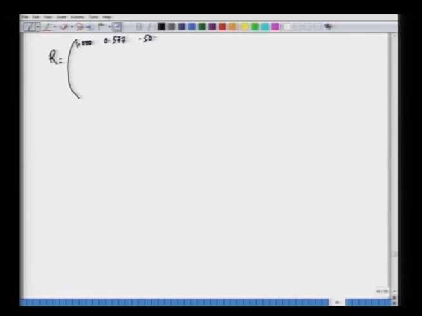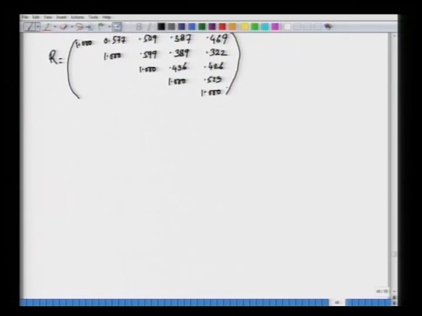So, these are .577, .509, .387, .462, again we have 1, and then .599, .389, quite close values, .322, 1, and then .436, .426, 1 again in this position, .523, and the last element is of course 1. So, this is our sample variance covariance of the standardized variables or the correlation matrix of the original variables, right.